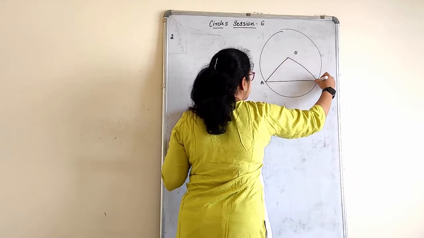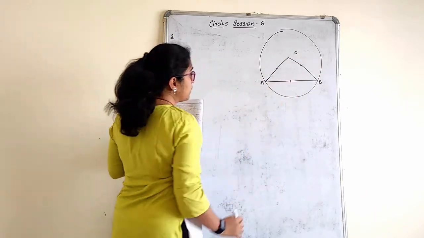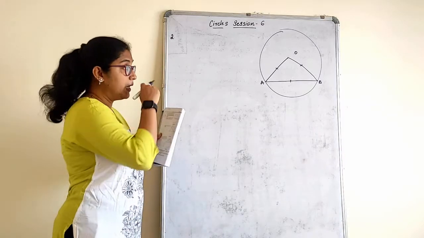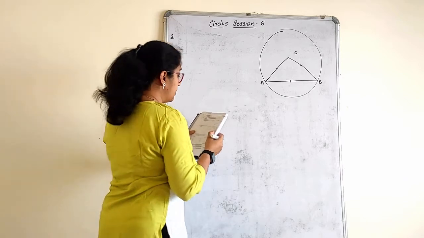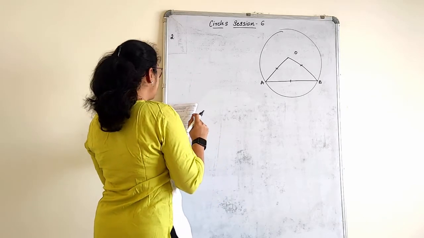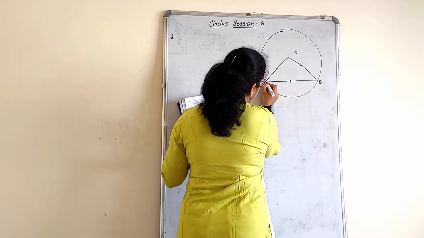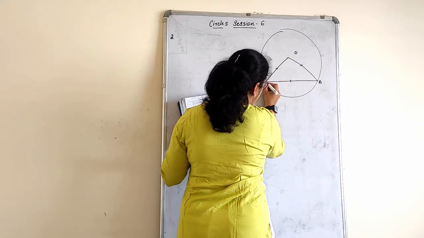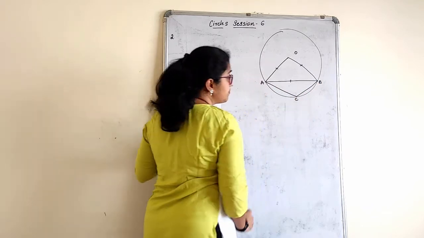OA and OB are the radii of the circle. Radii are of course equal, but the chord of the circle is equal to its radius, that is what they have given. Find the angle subtended by the chord at a point on the minor arc.